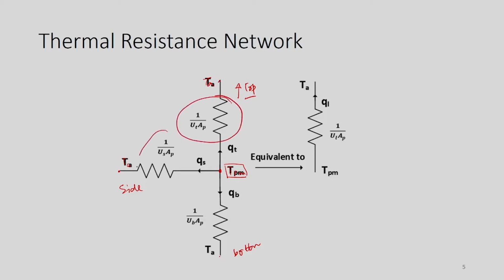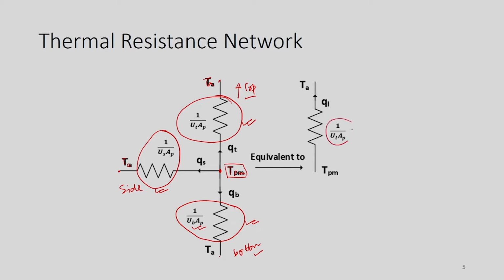So, we can express this in terms of thermal resistances. This component is the thermal resistance when heat is transferring from this plate to the bottom. This kind of resistance is offered here at the side, and this is along the top. We can also make an equivalent resistance diagram by combining these three components.